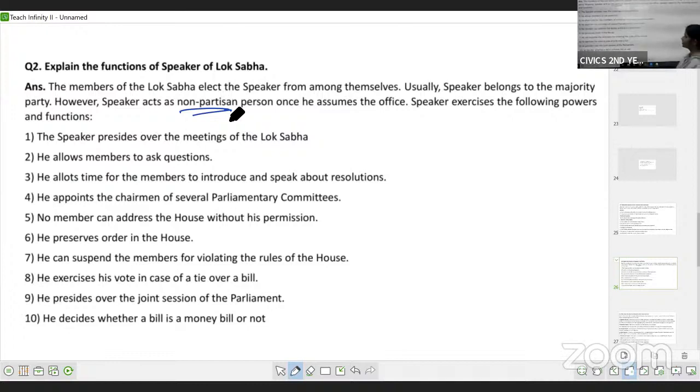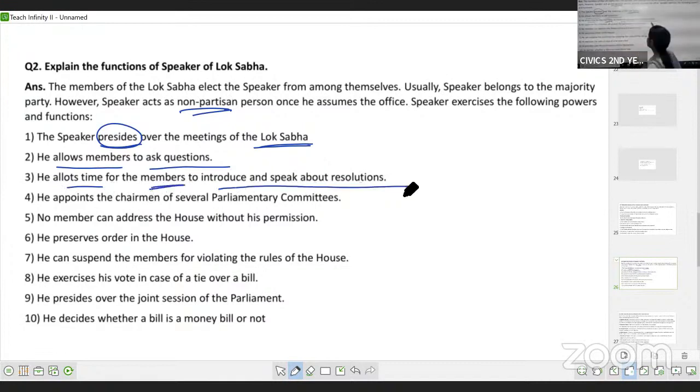What are his functions? He presides over, or conducts, the meetings of Lok Sabha. He allows the members to ask questions. He allots time for the members to introduce and speak about resolutions or bills. He will appoint the chairmen of several parliamentary committees.